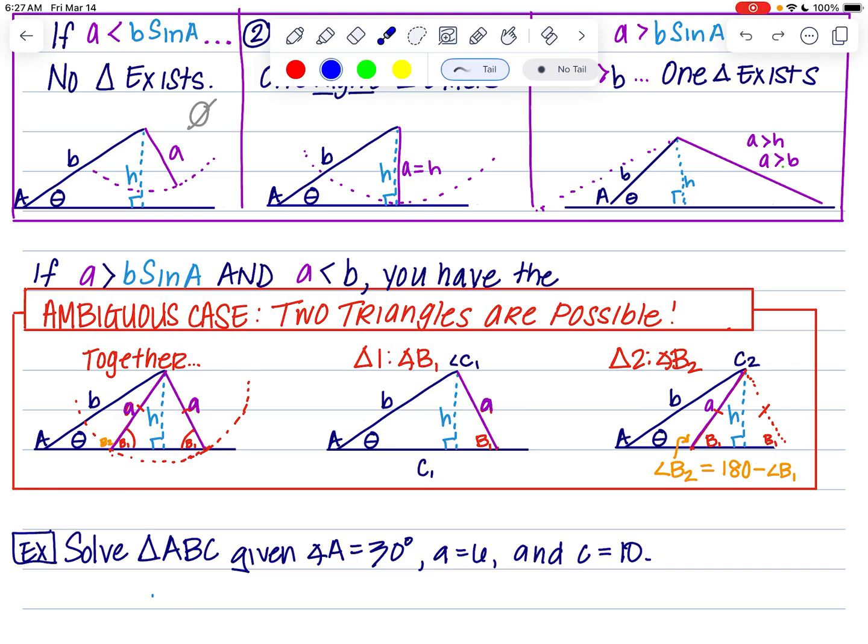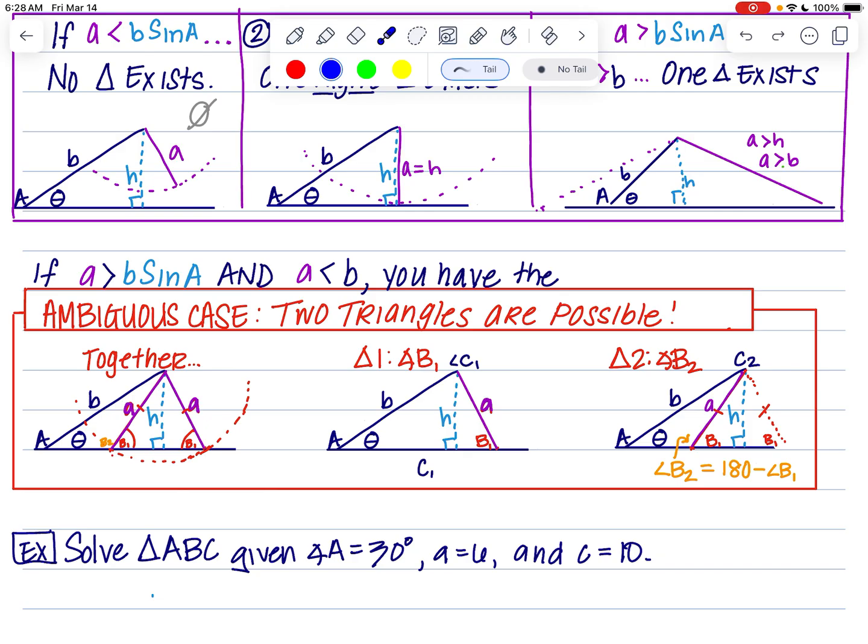Think about this as the center of a circle and this as a radius. If I have my center here and a radius here, this will swing. Think about a circle. I have two radii that will intersect this line down here because it's longer than the height but shorter than that side B. So we have these two options, which means we're going to have to solve two triangles.